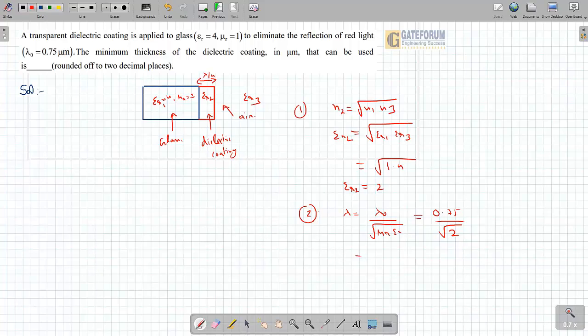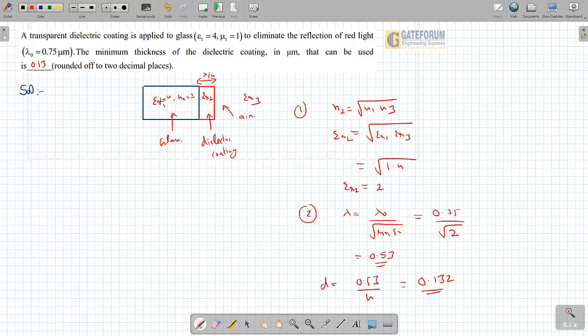Okay, so that will be nearly 0.53. Now, as a quarter wave transformer, this length must be equal to lambda by 4. So D is 0.53 divided by 4, that is 0.132. Answer is 0.13 micrometer. That should be the thickness of the dielectric coating.